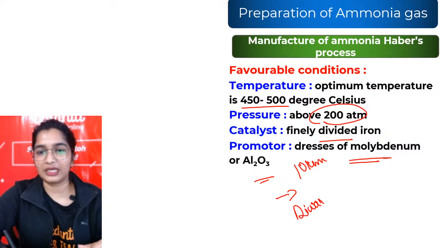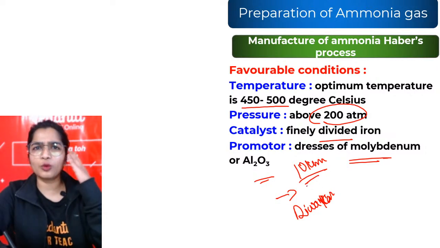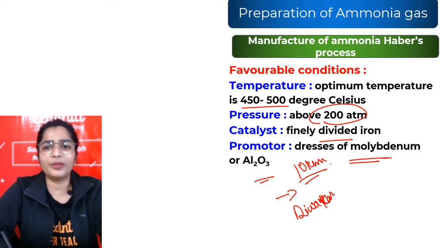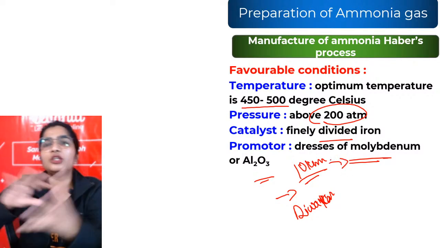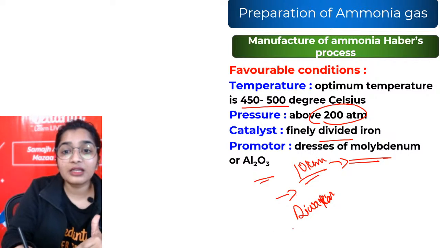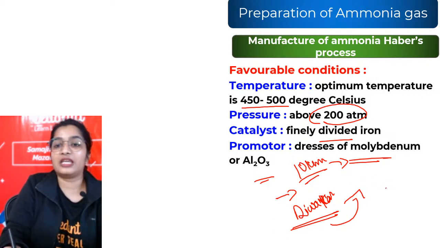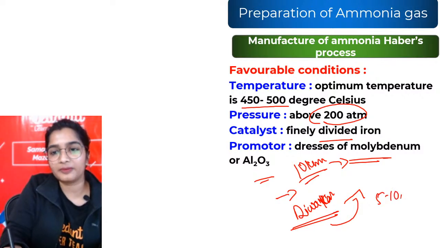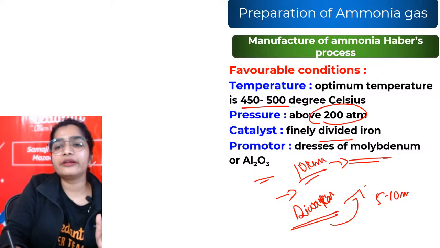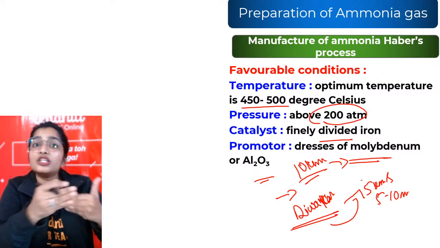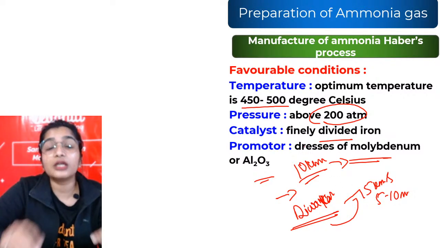Divija thinks, oh my god, should I go? It's very far, right? Why should I travel 10 kilometers? But Divakar knows a shortcut which takes him 5 to 10 minutes, almost 5 kilometers. So obviously he is willing to travel because it's a short distance, whereas Divija is not, because it's a very long distance.